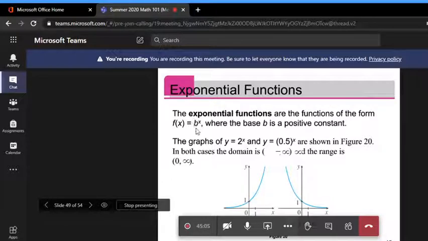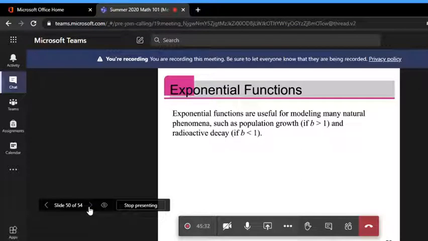Depending on the base, here the base is b. If the base b is bigger than 1, we have this type of picture. If the base b is less than 1, then the picture is going to be going down. So whenever b is bigger than 1, it's an increasing function. Whenever b is less than 1, it's a decreasing function. Okay? So we have this for exponential functions.